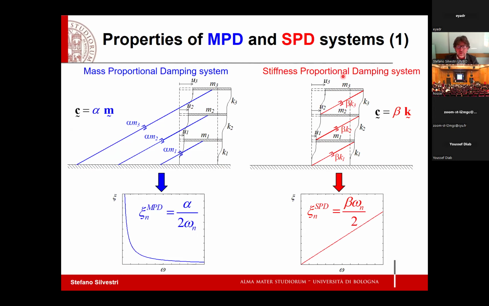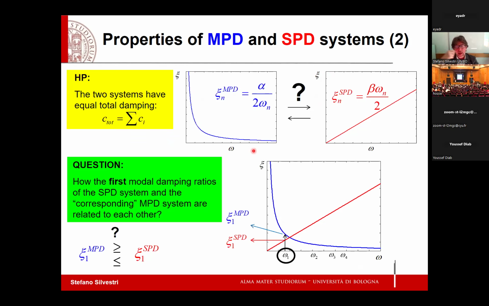And so, well, these two mass proportional and stiffness proportional damping systems actually are characterized by completely different properties. And I don't want to enter into the mathematical detail. I do not have the time.